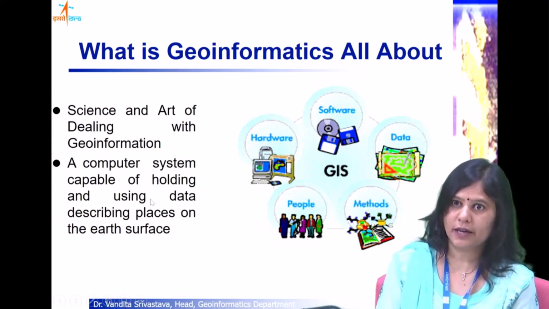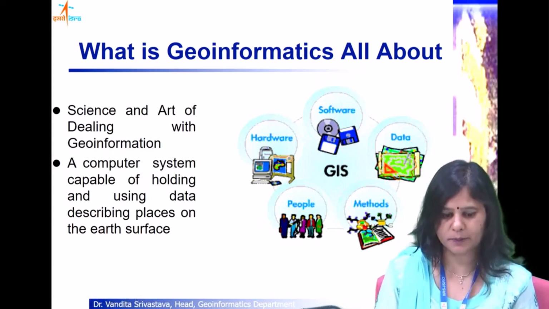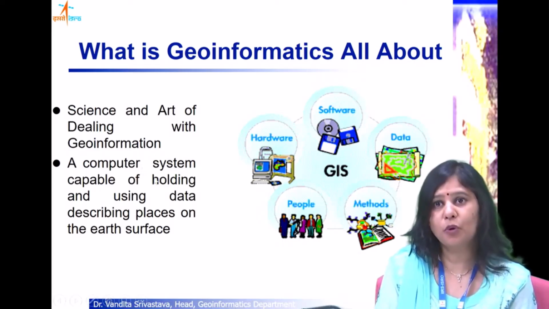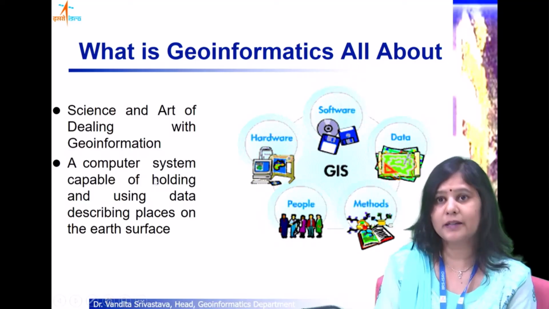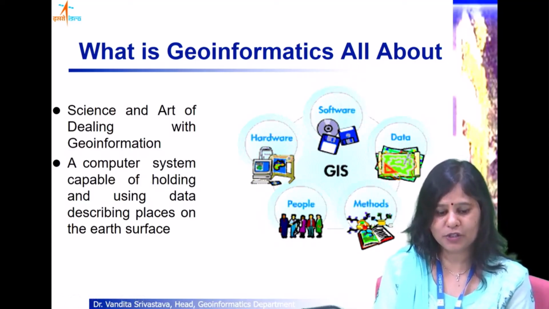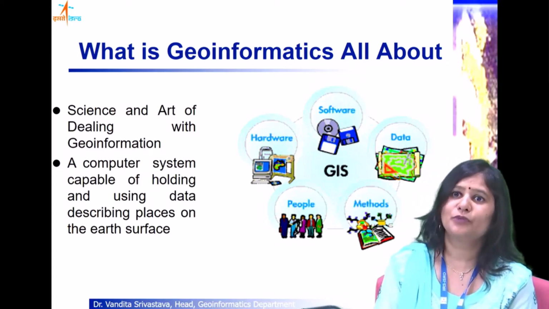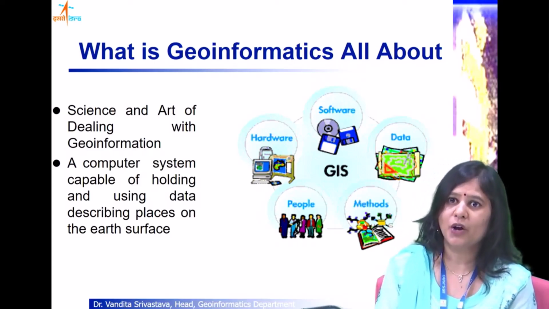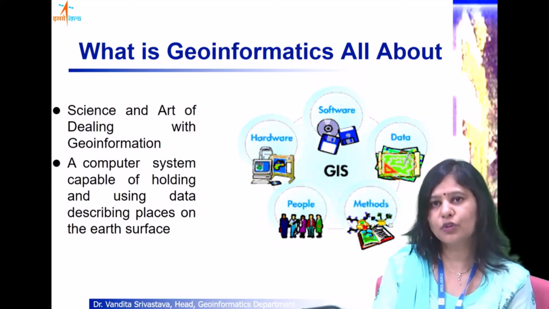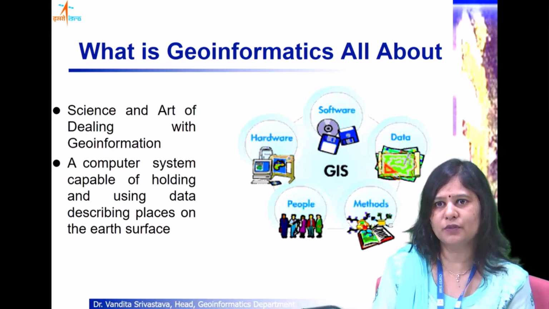When we talk about GIS as a computer system, we are talking about a system that is capable of holding and using the geographic information that describes various places, various phenomena on the geographic earth. If we want to make a GIS work, we require several components.